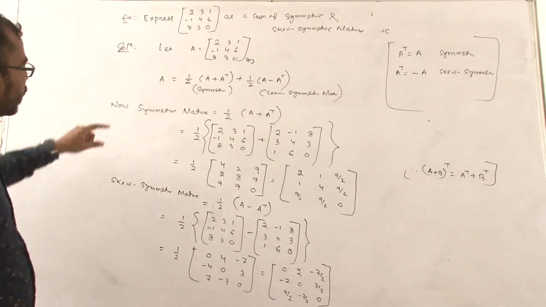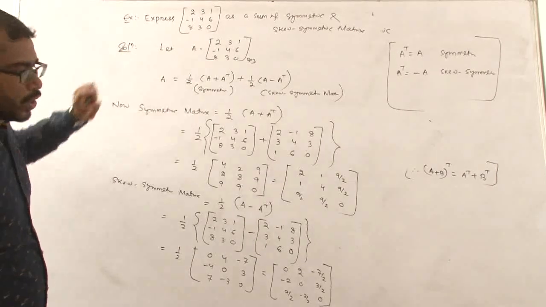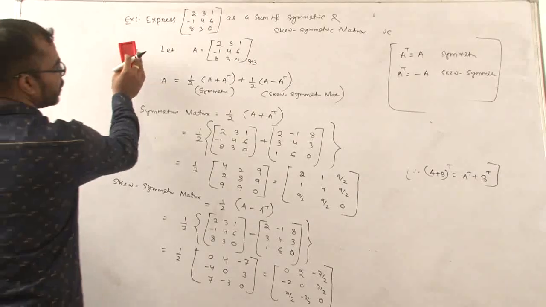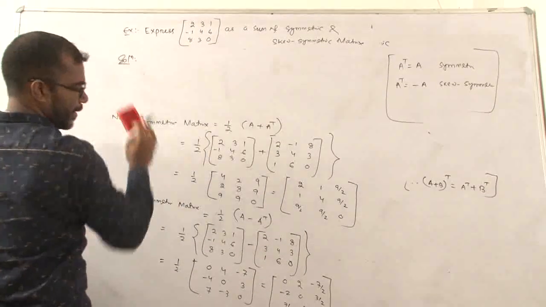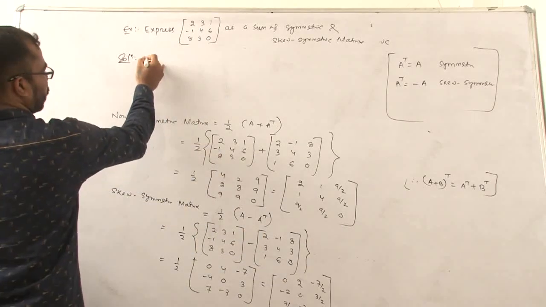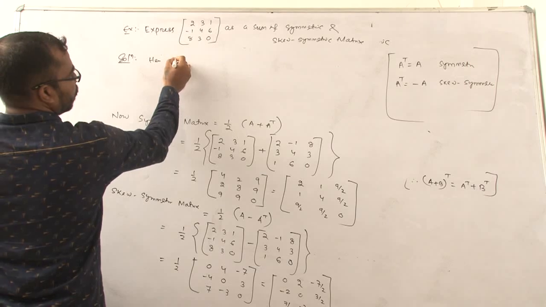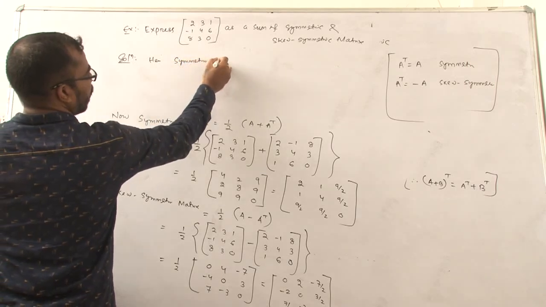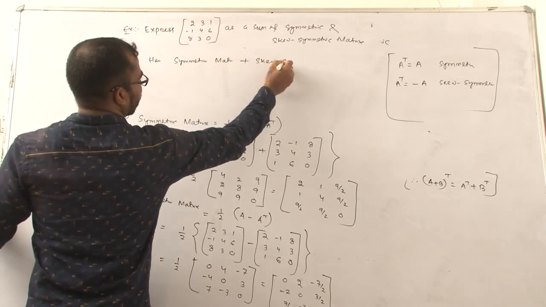Now we have to check whether the summation of symmetric and skew symmetric matrices is equal to A or not. Now we add the symmetric matrix plus the skew symmetric matrix.